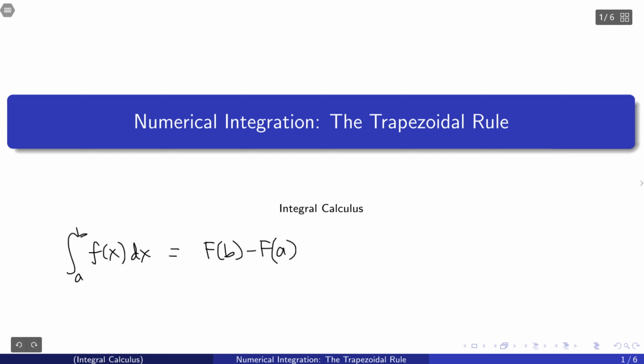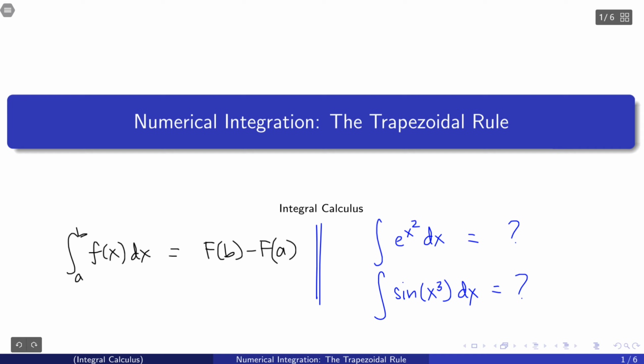Now, the problem is there are actually integrals for which we can't do this, right? For instance, the integral of e to the x squared dx, or the integral of sine of x cubed dx. These functions do not have what we call elementary antiderivatives, in the sense that there's just no answer in terms of the functions that we know of.